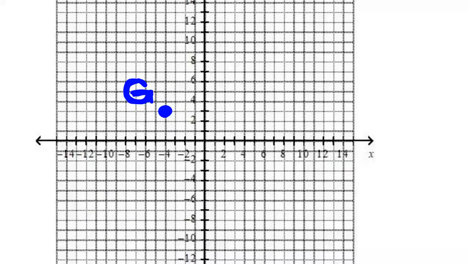So from the origin, we go right 6 and down 5 to get to our point O down here. Make sure you label your points and then connect them with a segment. If you don't connect them on a question that has that little segment notation over the top, you will get points off because you did not graph what they asked you to graph.